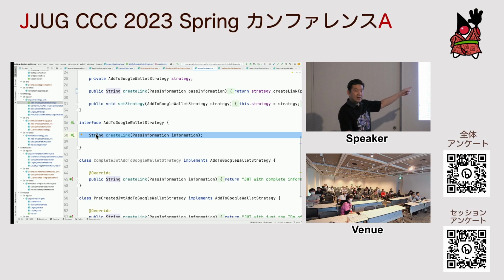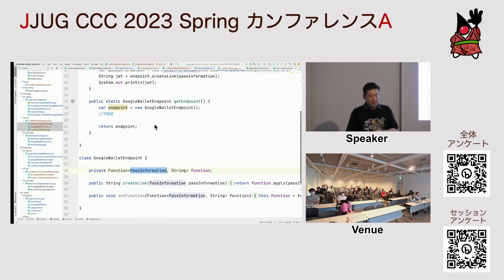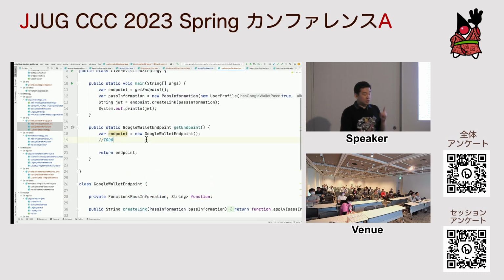So instead of creating a new interface, I'm using one from the JDK. I'm using a function which receives a pass information and returns a string. Okay? No need to learn a new interface. And when I have a functional interface like this one, if I want to invoke this code, I can do interesting things.